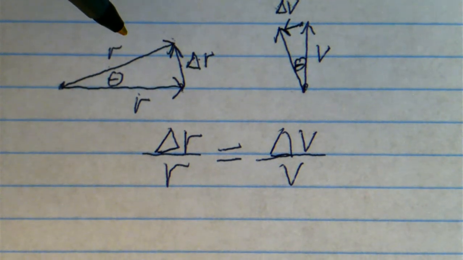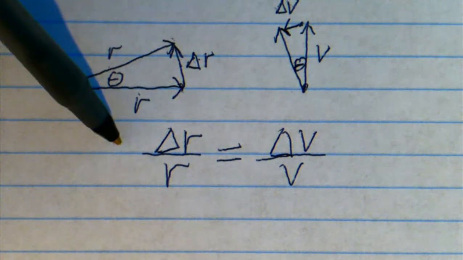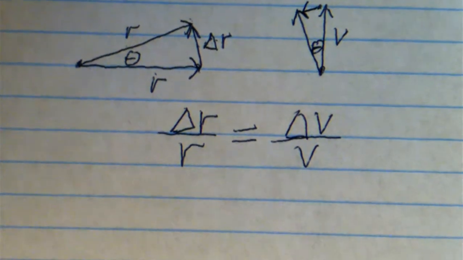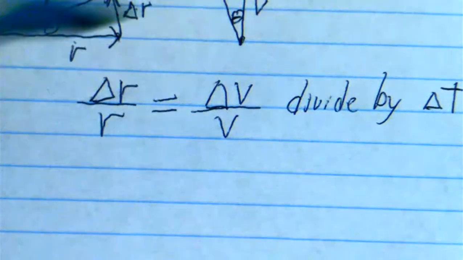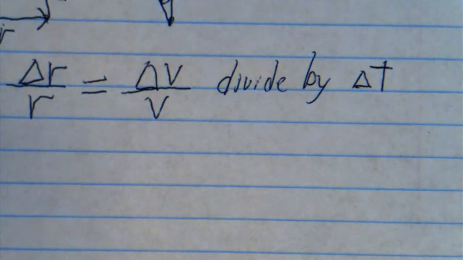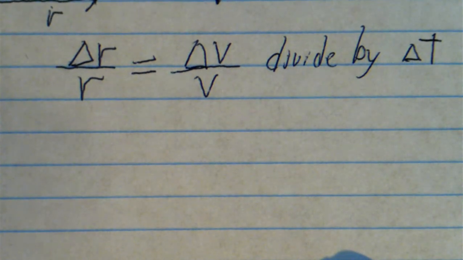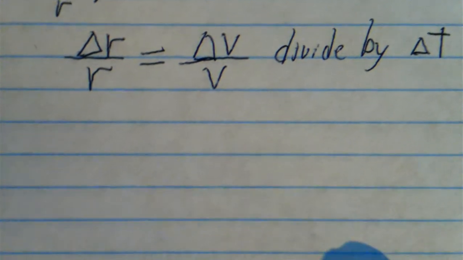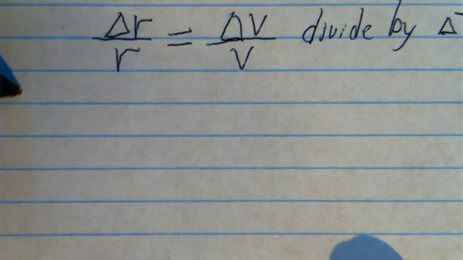Now, I'm going to divide both sides by the change in time. So divide by delta t. You wonder, where am I going with this? Well, watch.